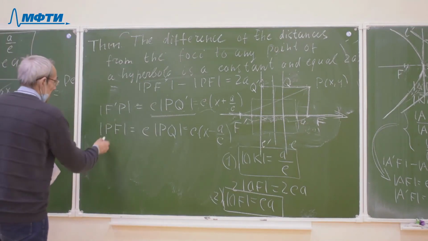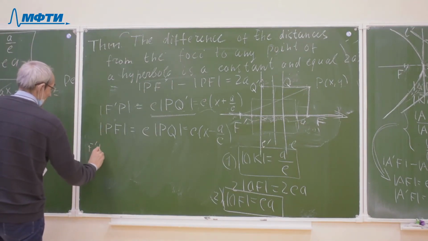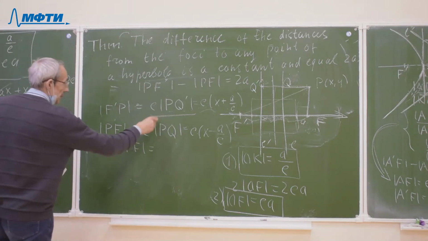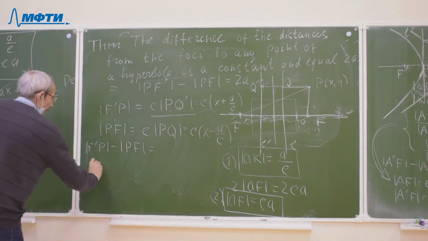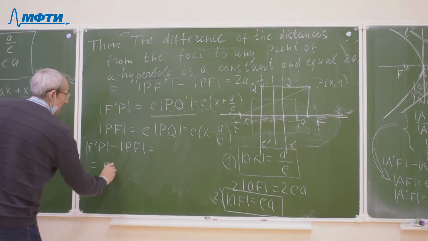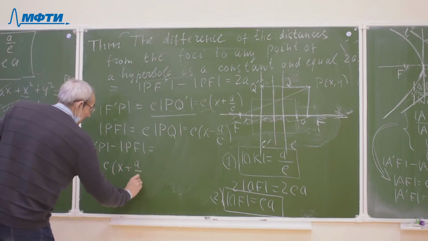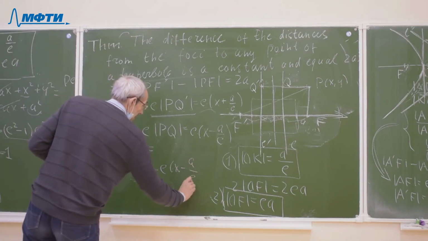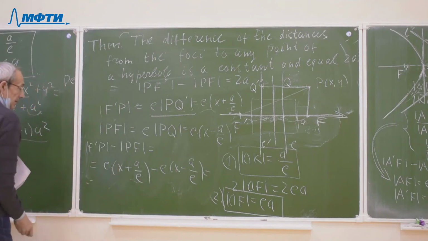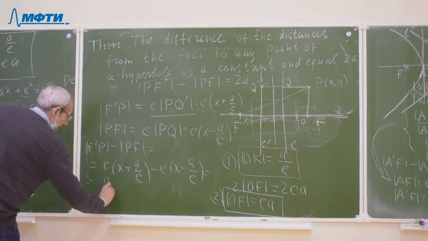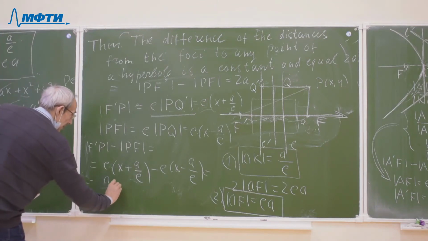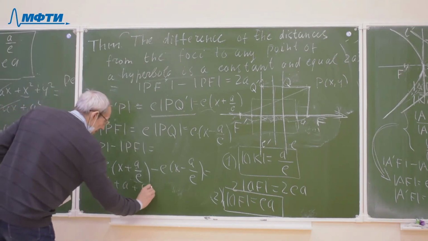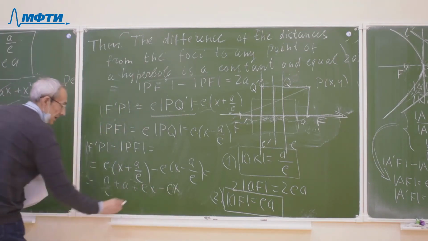And we obtain that this difference F prime P minus PF is equal to this difference: E x plus A over E minus E x minus A over E. And we obtain this product, A plus A, plus E x minus E x.